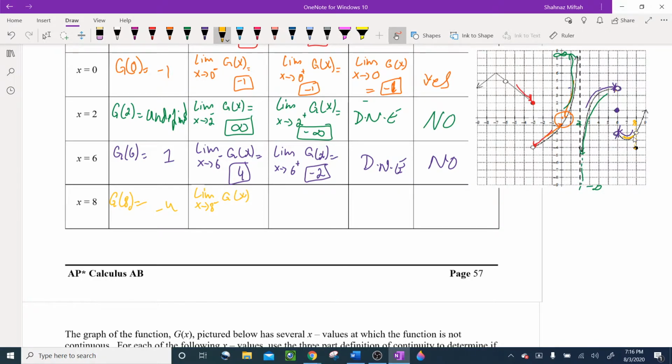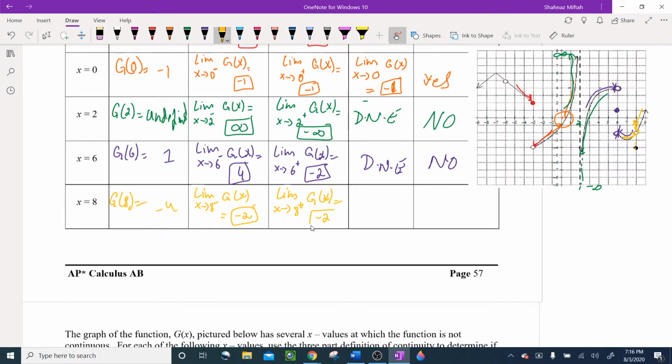Left is right there, and I'm approaching the y value arbitrarily close, which is negative 2. Limit as x approaches 8 from the right of g of x equals... Right is right there, and I'm getting arbitrarily close, and again it's negative 2.